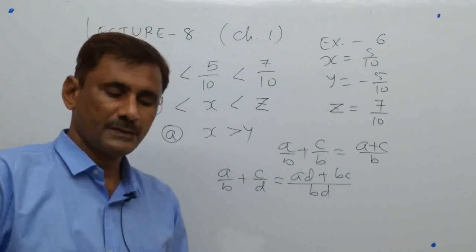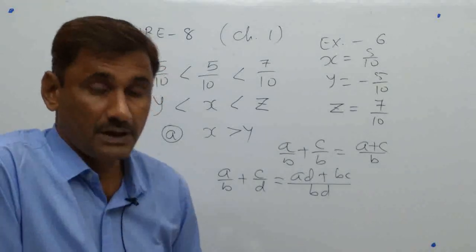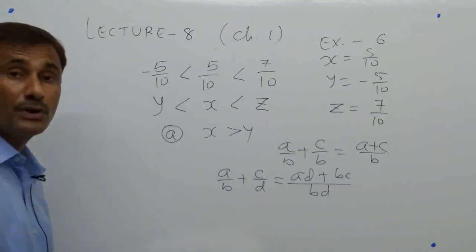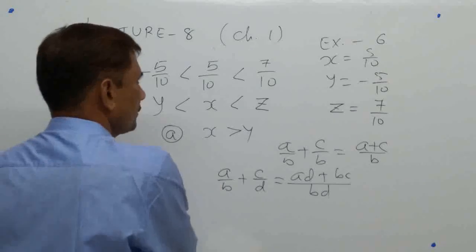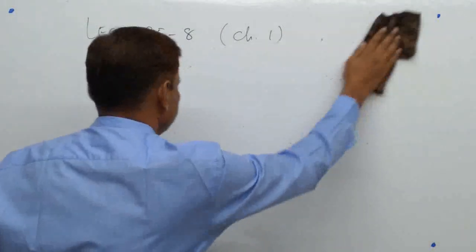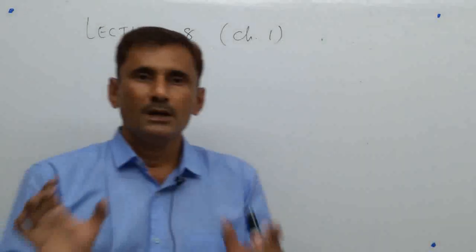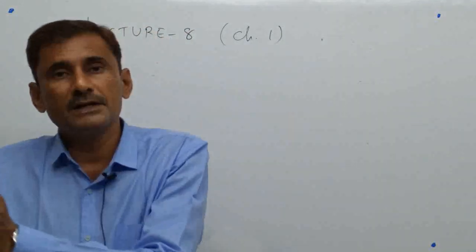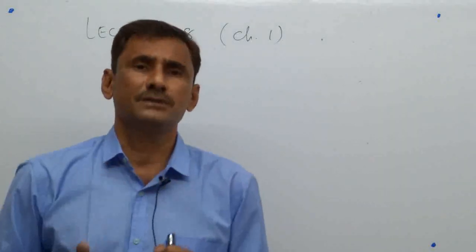Okay, next. While adding 3 or more rational numbers, they can be grouped in any order. This is called associative property. Associative property means what? If you add any two numbers first and then the third number is added to the answer of the first two, then anyway you can do it.